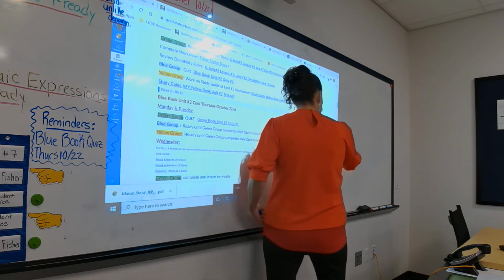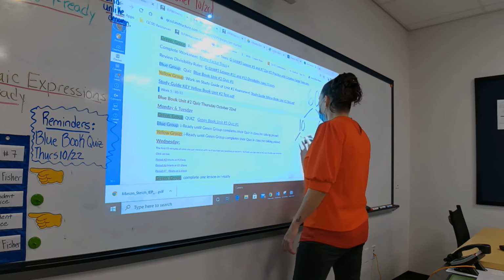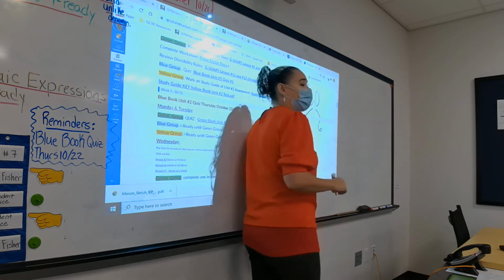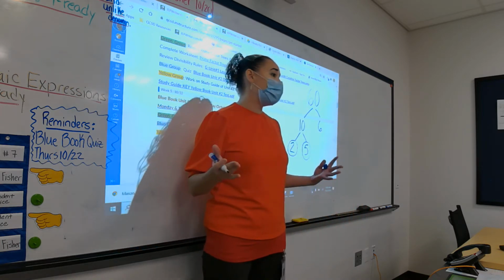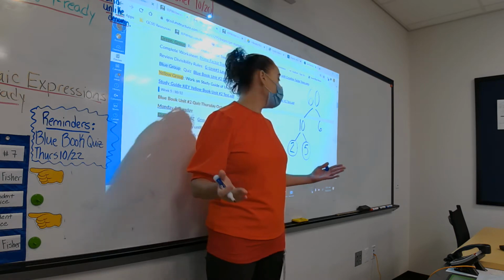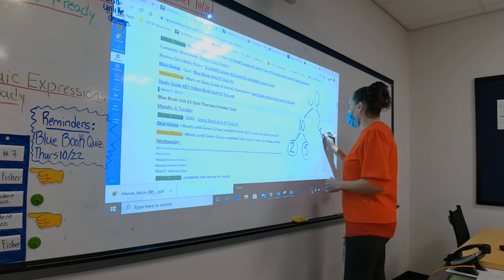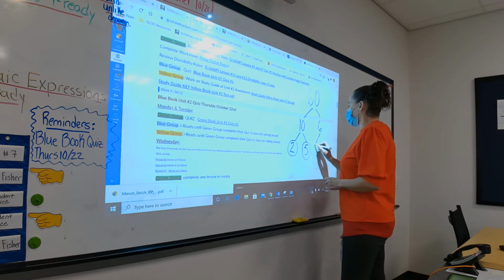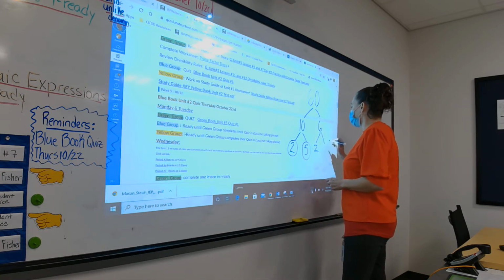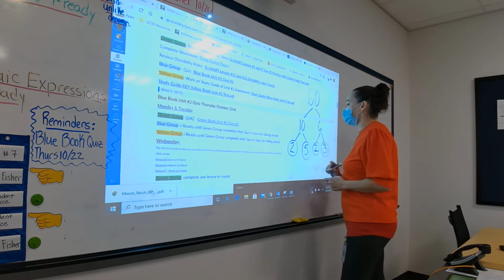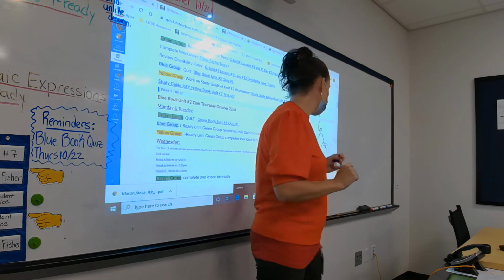So I have to keep factoring out. 2 times 5 gives me 10. 2 and 5 are both prime numbers because they are only divisible by 1 and themselves. So I circle my prime numbers. 6 is 2 times 3. Both of these are prime numbers because they're only divisible by 1 and themselves.